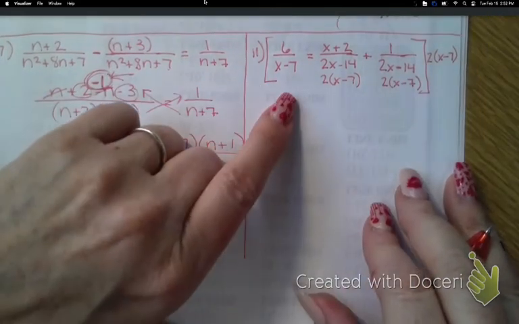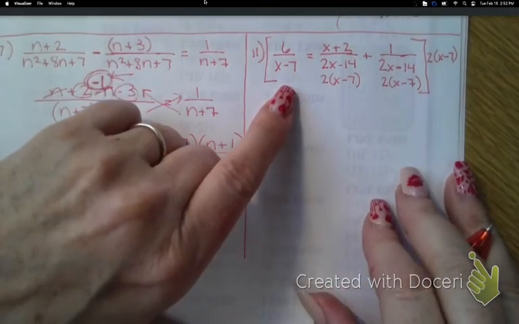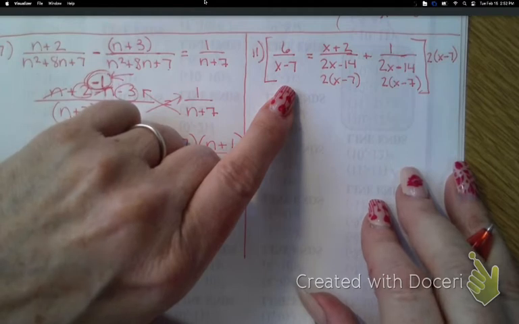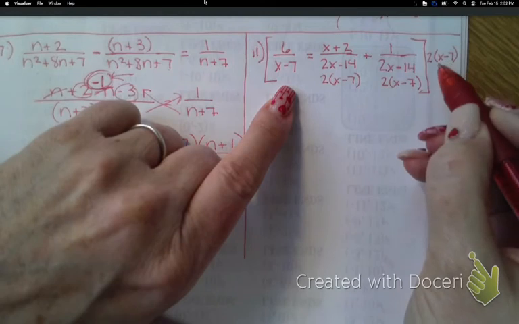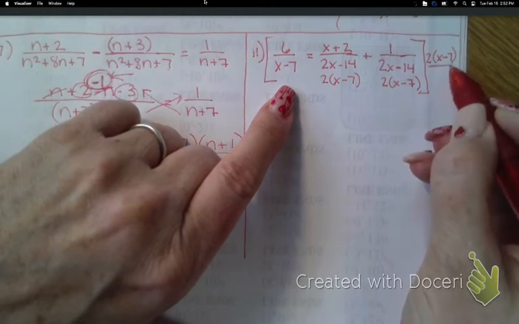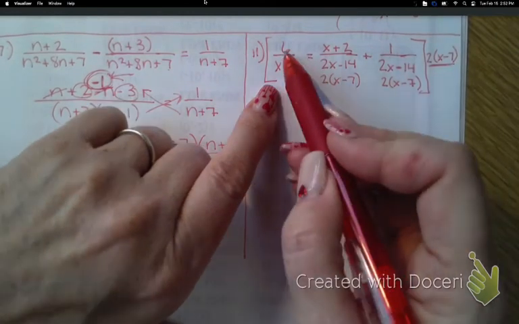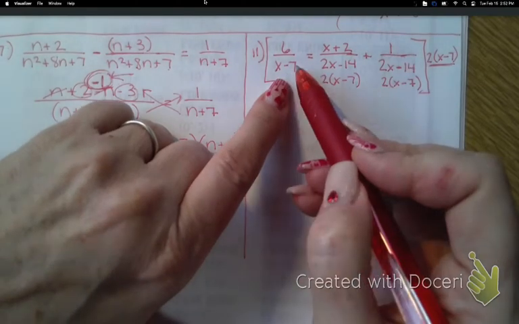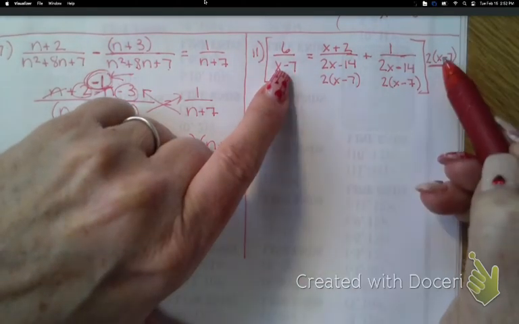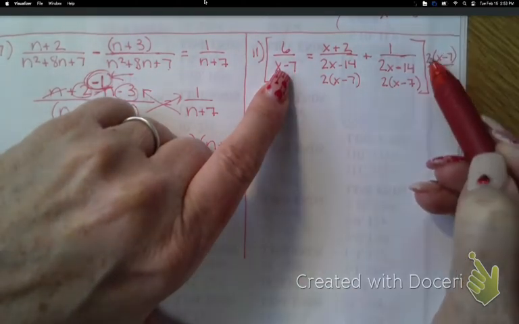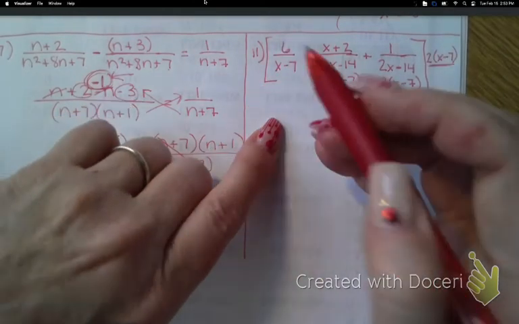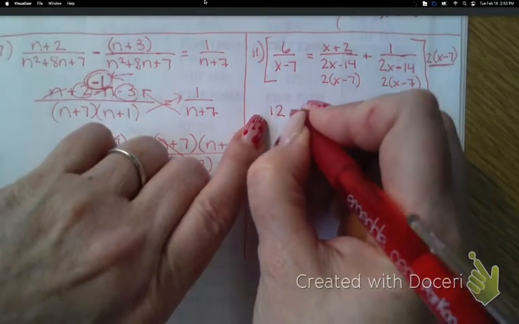Now, please follow. If you cannot write and follow at the same time, don't write. Go back and watch the video. When I multiply 2x minus 7 times 6 over x minus 7, the x minus 7's reduce, correct? And the 2, they reduce. They do not cancel. They reduce to 1. 2 times 6 is 12.